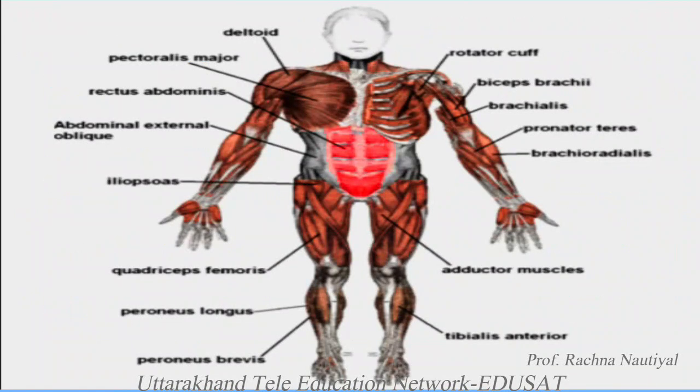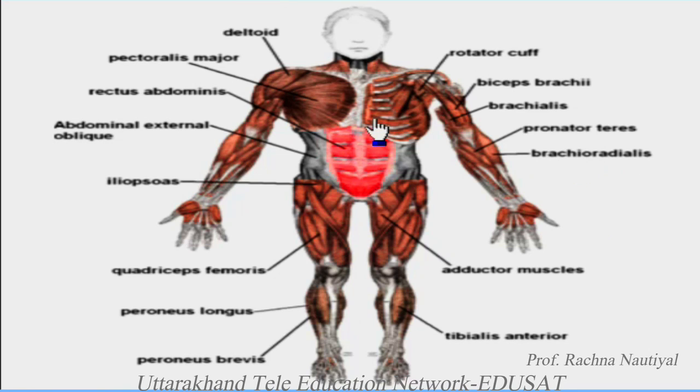This is one view of the body where we can see the different muscles present on our hands and on our chest. These are the leg regions. There you can see the quadriceps femoris, the strongest muscle in our body, on the femur, and the tibialis, which is on the tibia, and the biceps brachii, which is on our biceps.